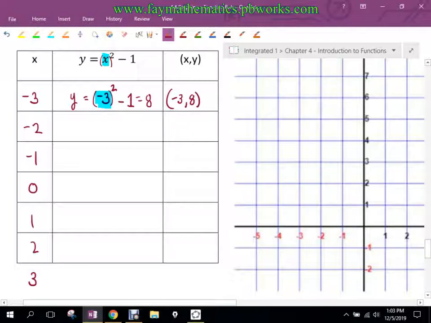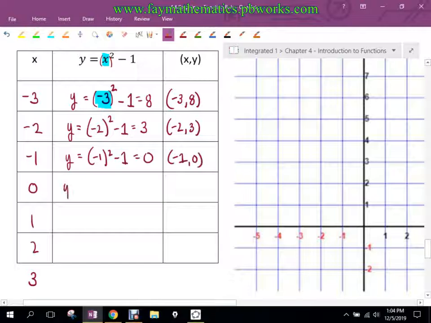Okay. Let's plug -2 in. Y equals, so (-2) squared minus 1. What's -2 squared? 4 minus 1, 3. So we get -2, comma 3. Put -1 in. What's -1 squared? 1 minus 1 is 0. So -1, comma 0. 0 is always a good one to put in.